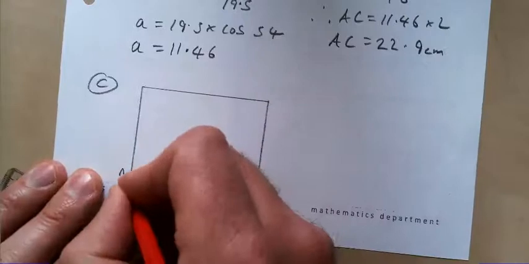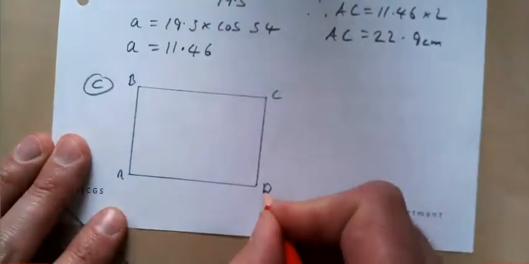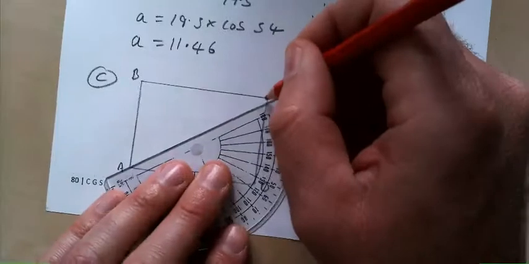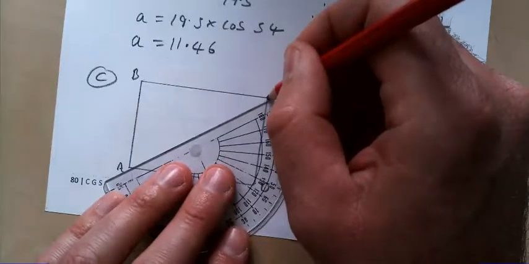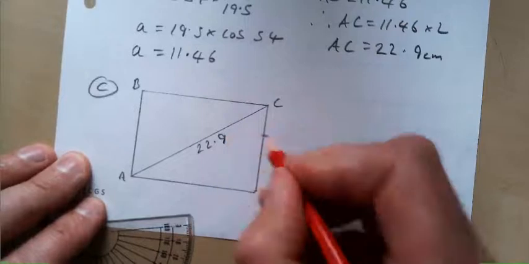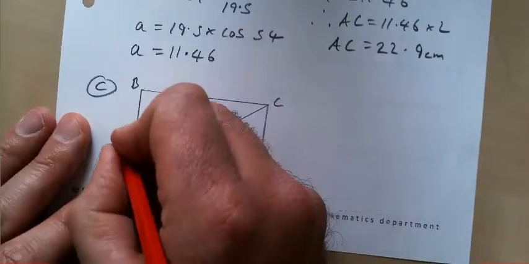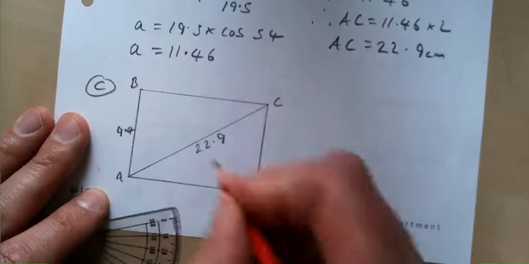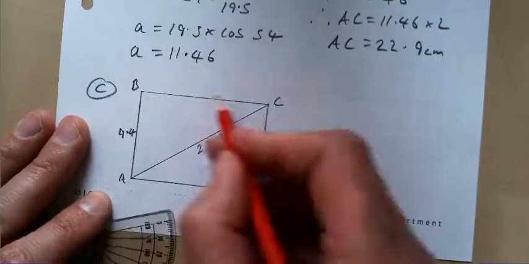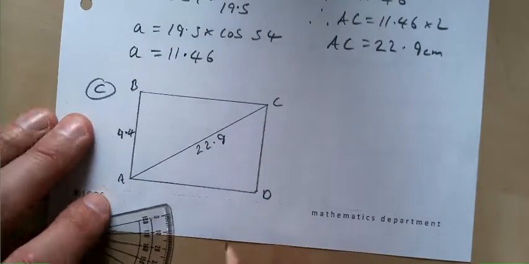So that was A, that was B, that was C, that was D. We have just worked out AC, which is 22.9, and it tells us that AB is 9.4, and we want BC, so it's just going to be a straight Pythagoras theorem then.